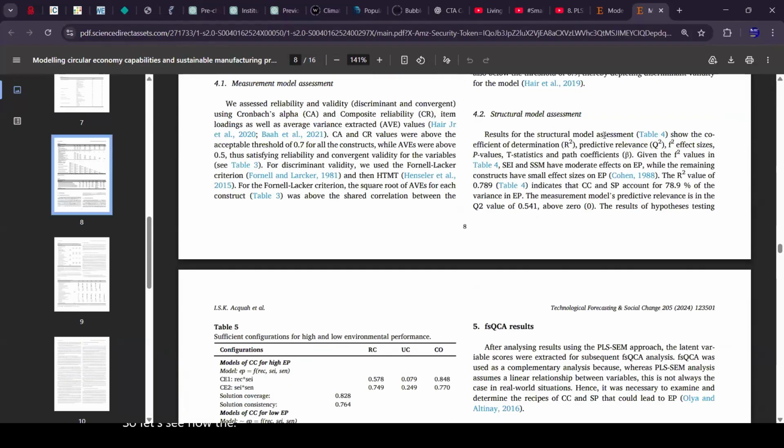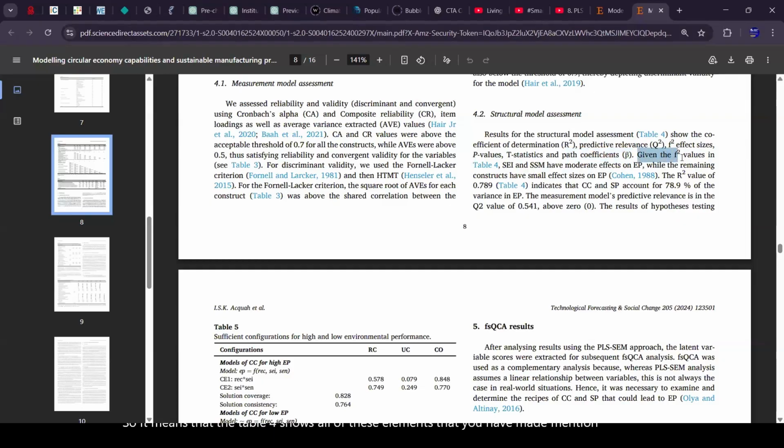Results from the structural model assessment in table 4 shows the coefficient of determination, that is R square, the predictive relevance, Q square, and then the effect size, F square, the p-value, t statistics, and path coefficient, the beta. So it means that table 4 shows all of these elements that you have made mention of.